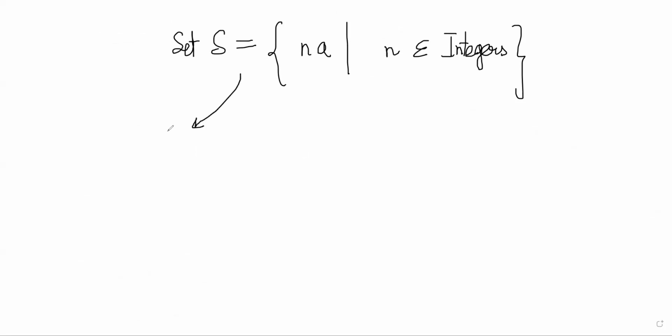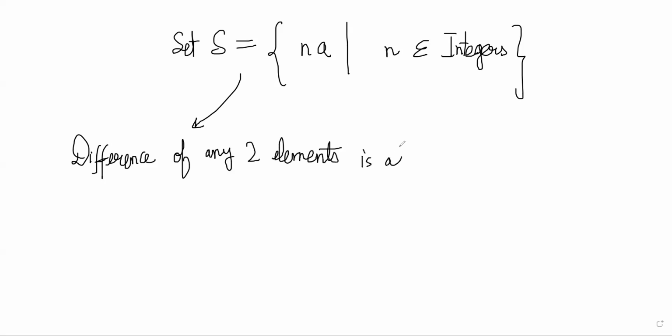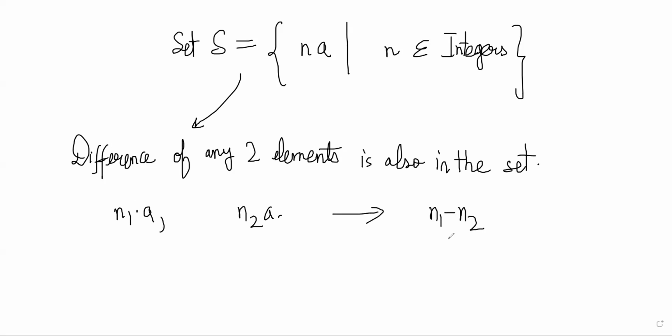What we wanted to prove was that the difference of any two elements is also in the set. Which is very easy now. If there are two separate elements, let's say n1a and n2a, the difference of these two is n1 minus n2 times a, which is also a multiple of a.